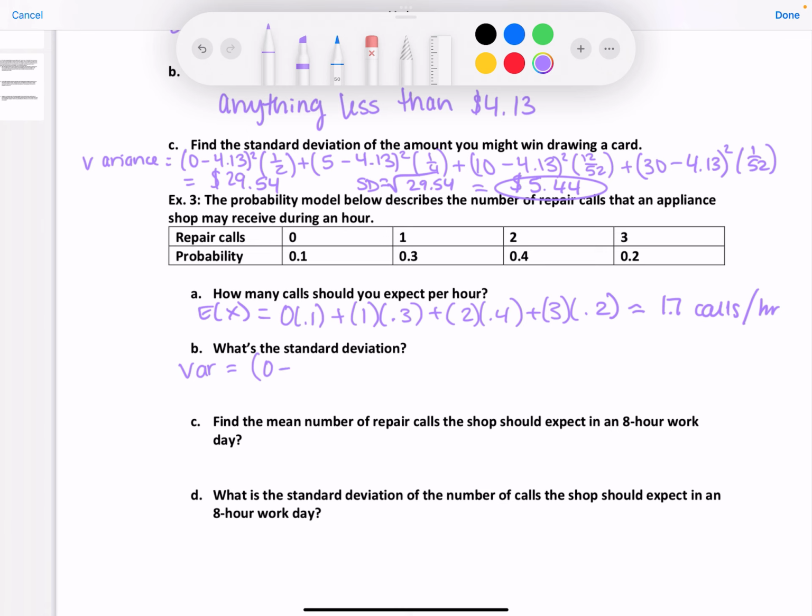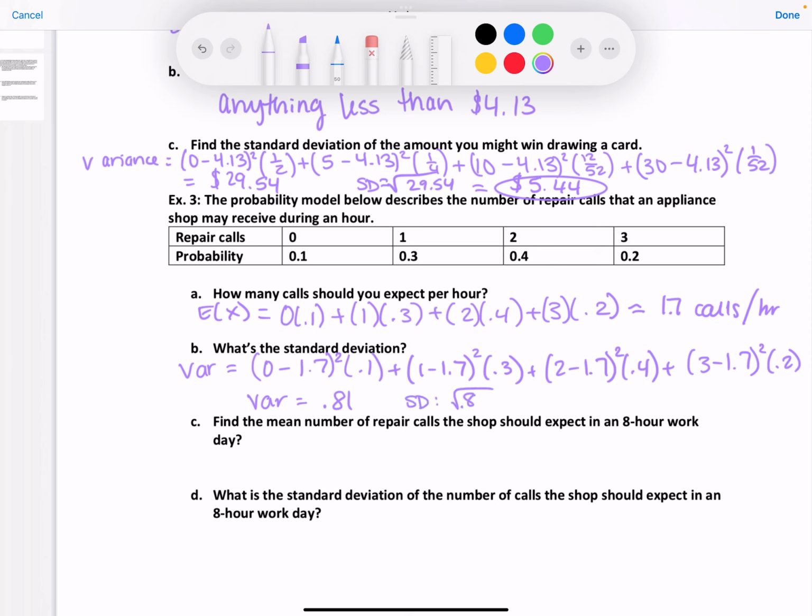So 0 minus 1.7 squared times 0.1 plus 1 minus 1.7 squared times 0.3 plus 2 minus 1.7 squared times 0.4 plus 3 minus 1.7 squared times 0.2. And that's going to give you a variance of 0.81. And so standard deviation, we're taking the square root of that, which ends up being 0.9 calls.